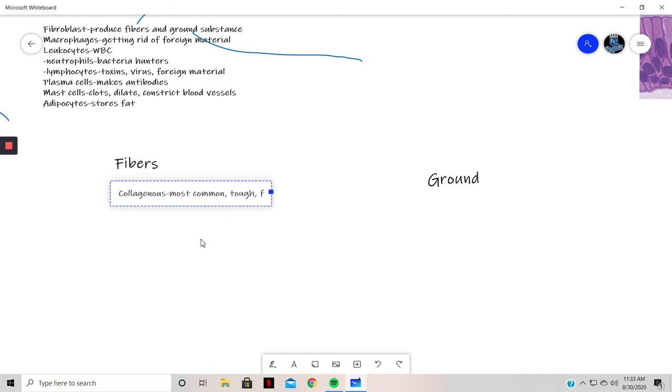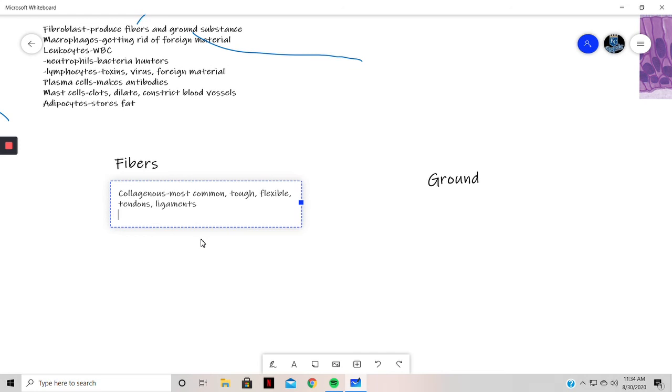Tough, flexible, and when you're thinking fibers, you're thinking most common, you're thinking tough, flexible. What should be popping into mind, tendons, ligaments are made out of collagen, as we know, as you probably know, and therefore collagenous fibers.